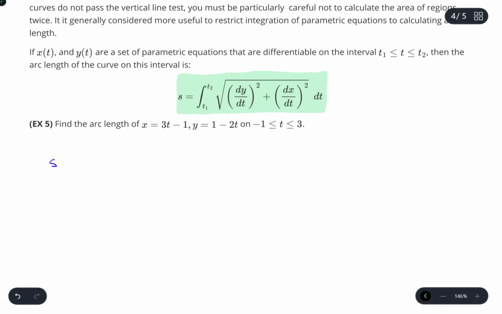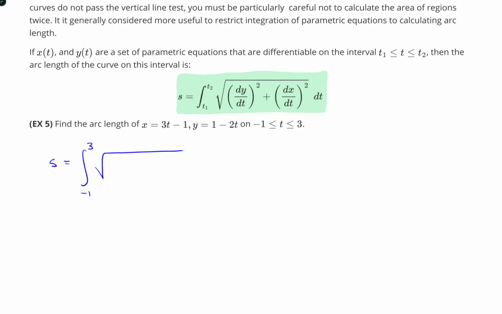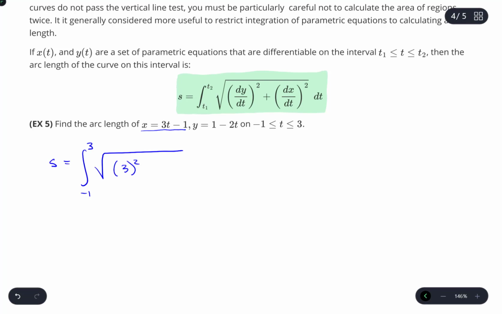So the arc length here would be the integral from our starting point to our ending point of the square root of the derivative of the x component. The derivative of 3t minus 1 is 3. Oops, sorry, that's going to be squared, but not right away. That derivative will get squared. And then the derivative of the y component.